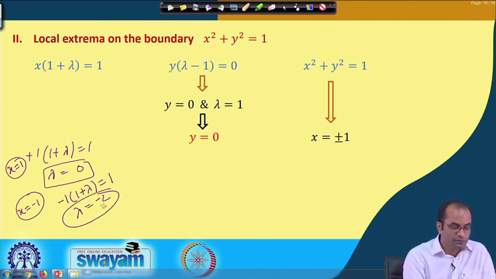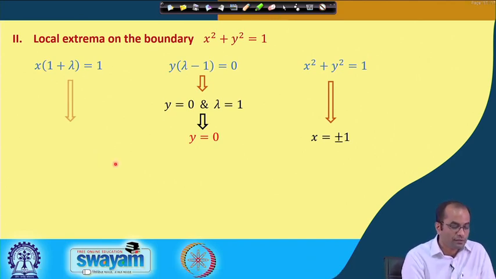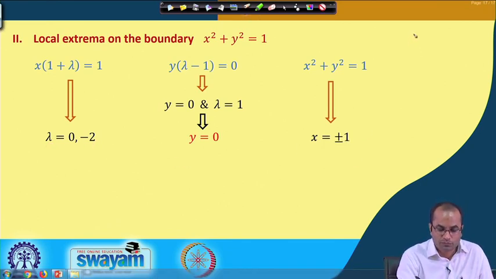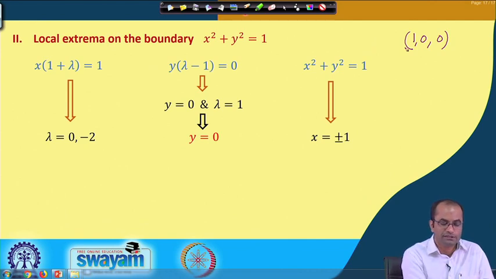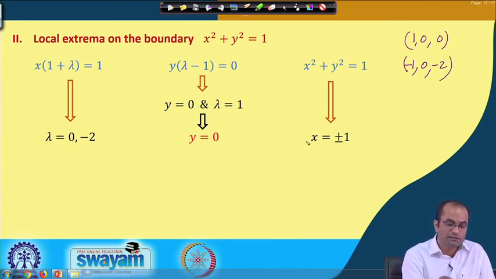So, we have lambda 0 and lambda 2 from this first equation. So, what are our points here? Our points are x is equal to 1, y is equal to 0 and lambda is equal to 0. This is the point which satisfies all these three equations. The second point, we have here minus 1, we have 0 there and we have 2 there. This is another point which satisfies all these equations.